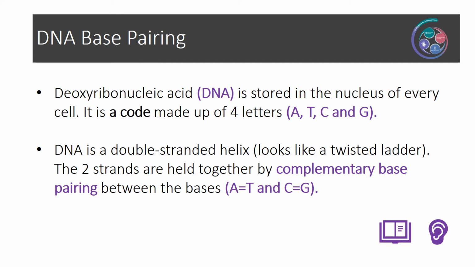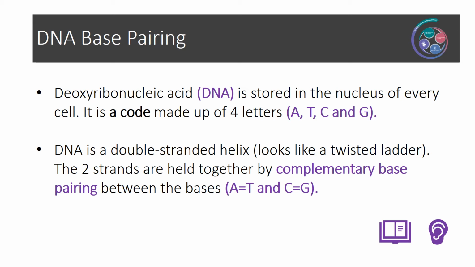It is a code made up of 4 letters: A, T, C, and G. At National 5 level, you are able to just write the letters, but always make sure these are in capitals. For more information, A stands for adenine, T stands for thymine, C stands for cytosine, and G stands for guanine.